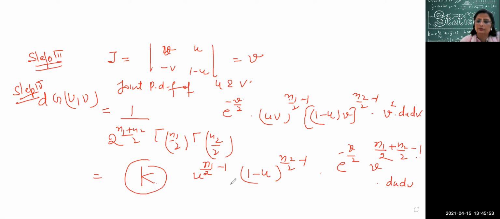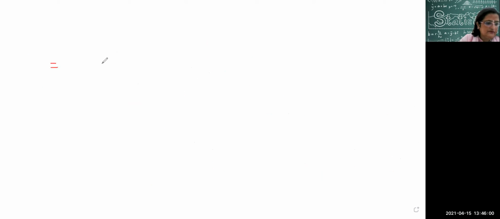Now we will distribute this k into both, because we want to prove that u and v are independently distributed. So what we will do is introduce the beta function.